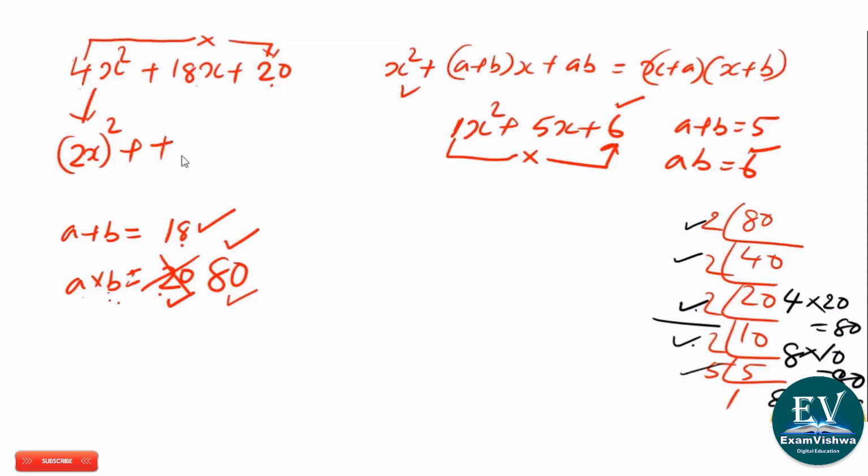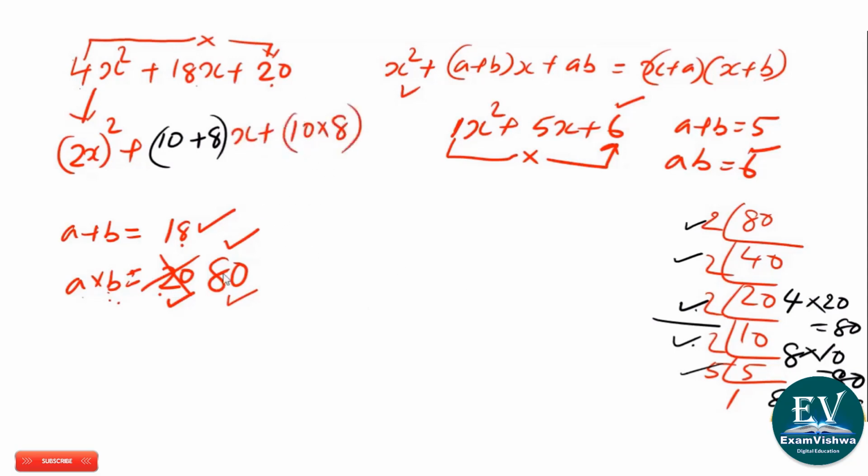So instead of a plus b, here a plus b will be 10 plus 8 into x, plus AB is 10 into 8. Okay, so we got it.